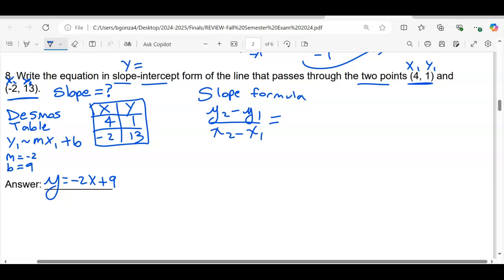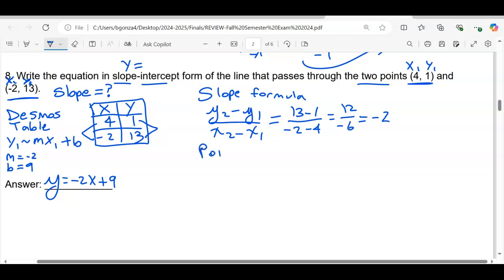So it's basically like the bird beaks, bottom minus top, bottom minus top. But you're going to do 13 minus 1 over -2 minus 4. So you get what? 12 over -6, and you get -2 as your slope, which we already knew from earlier, but we figured it out using the slope formula.